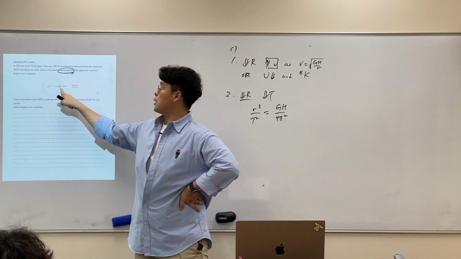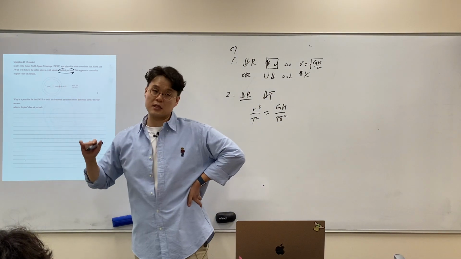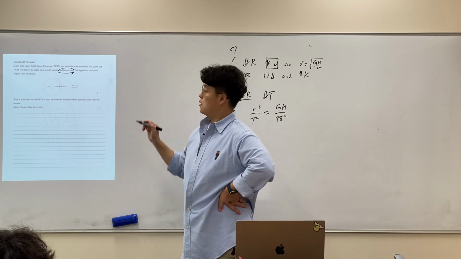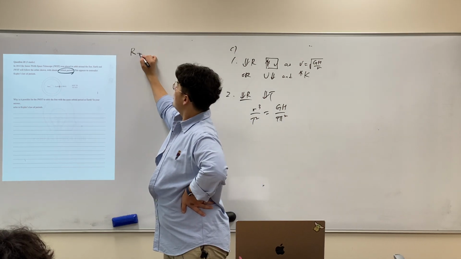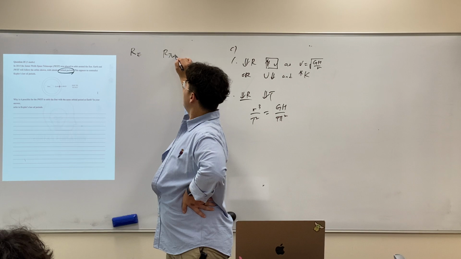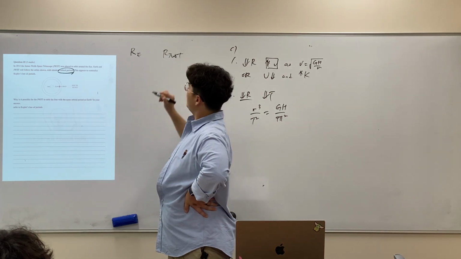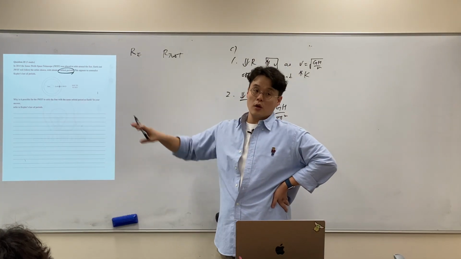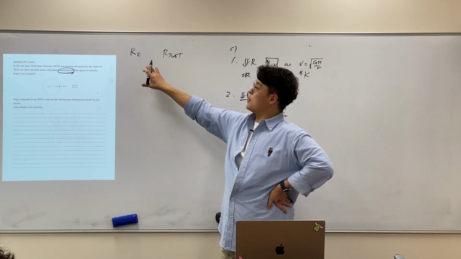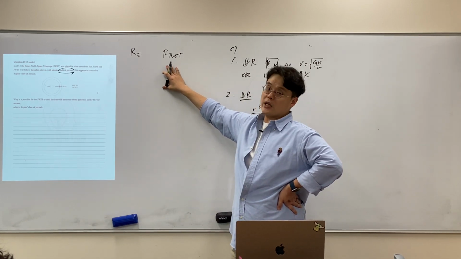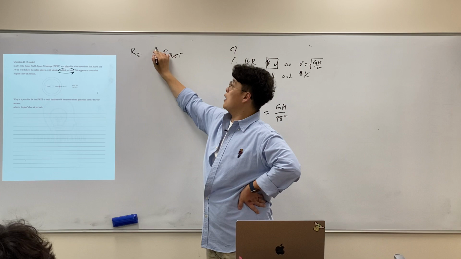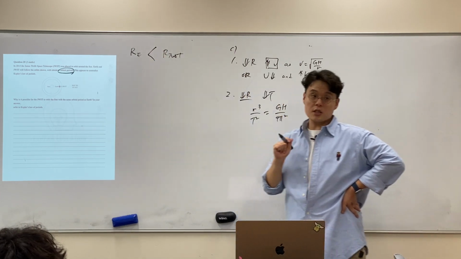Compare the orbital radius of JWST to that of the Earth. Which is longer, the orbital radius of the Earth or the orbital radius of the JWST? Is it bigger? Didn't we just discuss that?